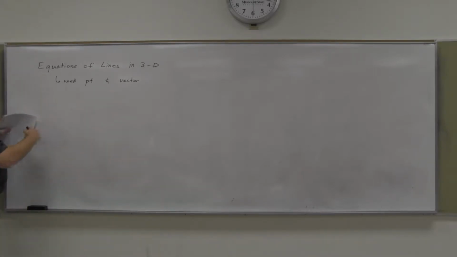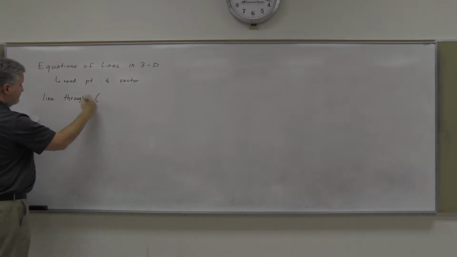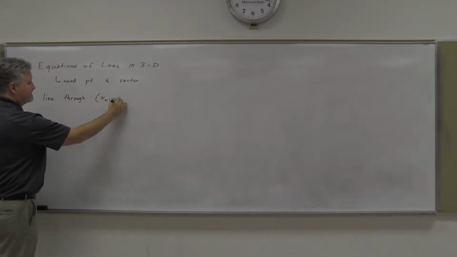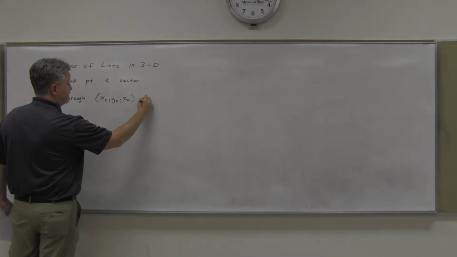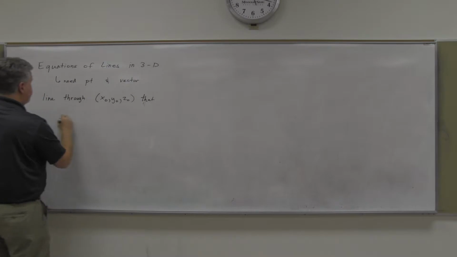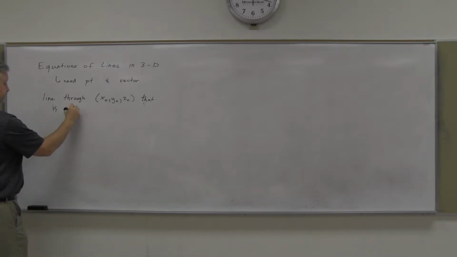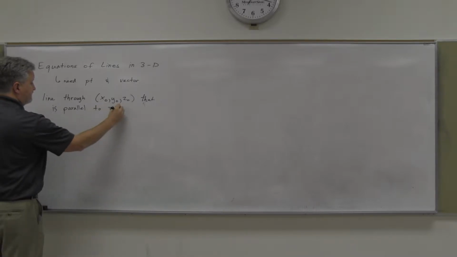So let's just go through one here. Let's say I want the line through the point, and we're just going to pick one arbitrarily, call it x0, y0, z0, and then we're going to give the direction with a vector that is parallel to the vector v.